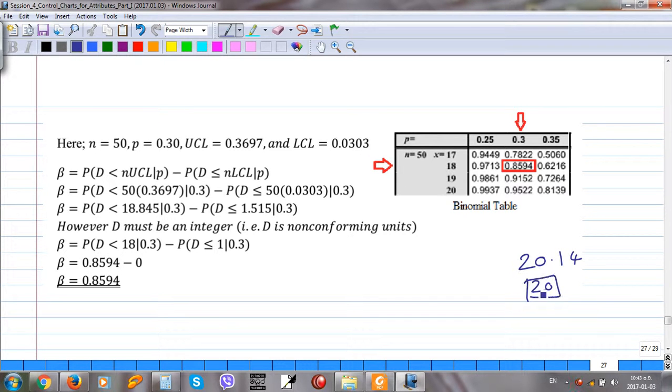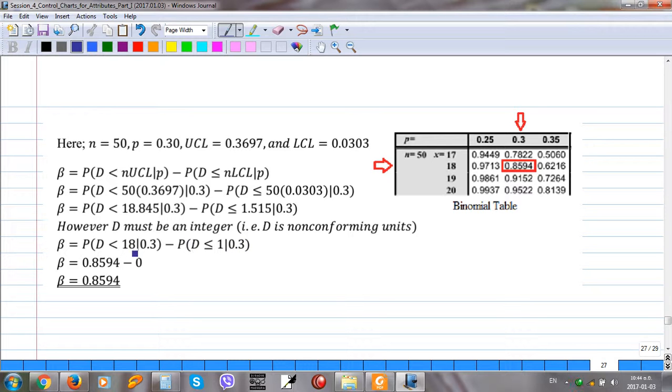We approximate to the whole number only, right? So then I am taking beta: P(d less than 18) in the 0.3 probability, and P(d less than or equal to 1), that's 1.5 approximated to 1, in the 0.3 probability.